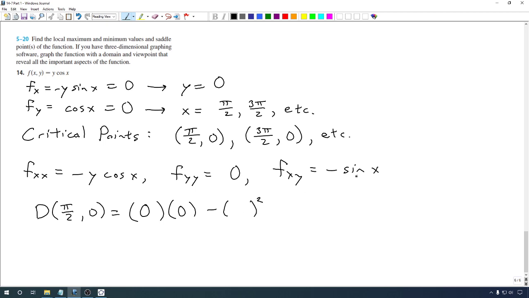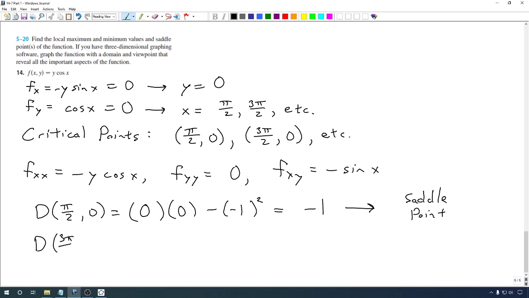If we plug pi over 2 into this x, sine of pi over 2 is 1, negative 1, not that that negative really matters, and so we end up getting a negative 1 overall. So this turns into a saddle point, because our D is negative.